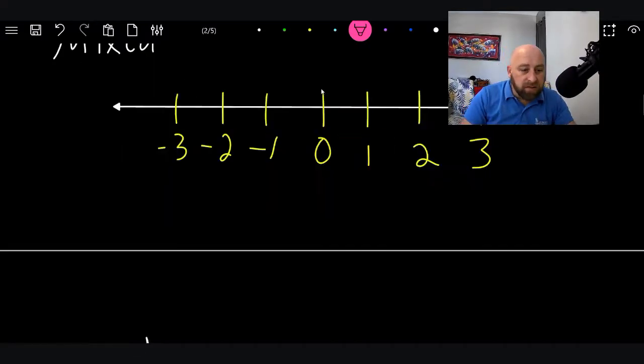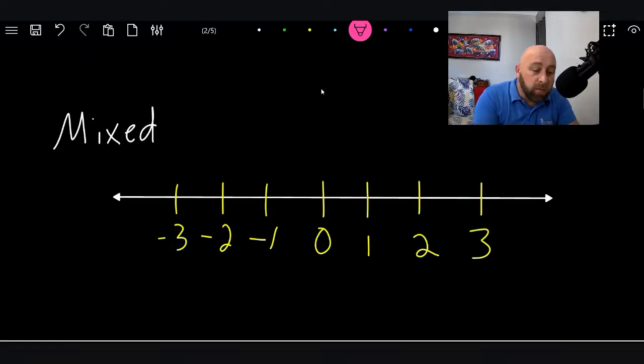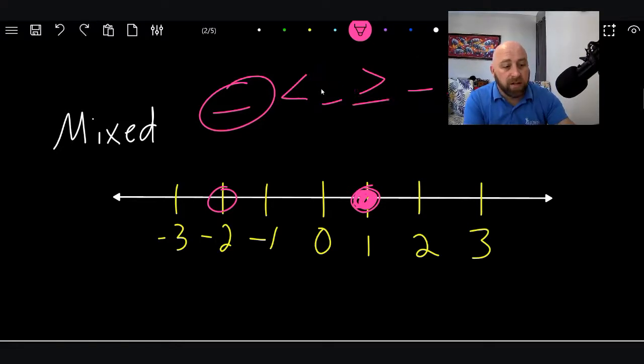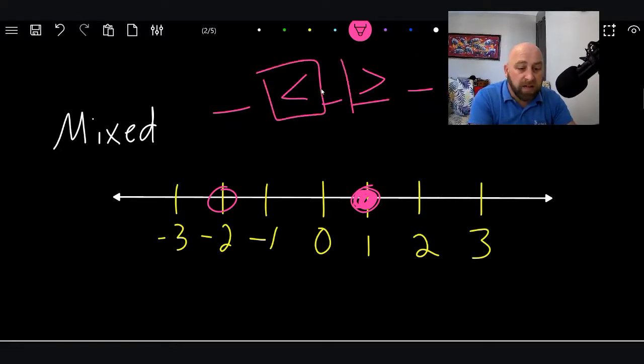All right, the next one is called mixed. When we have one open, for example -2, and one closed, for example the 1 is closed this time, what is this going to be? Remember, we're having three parts now, so we have three expressions combined by two signs.